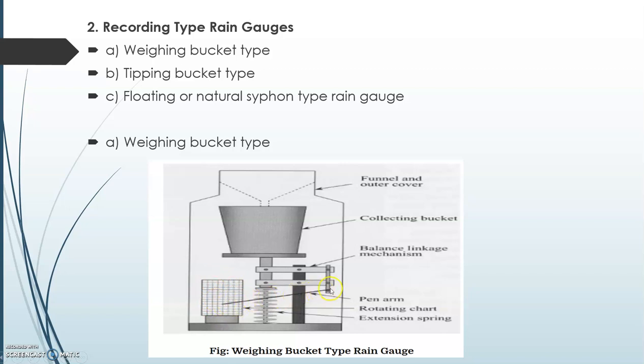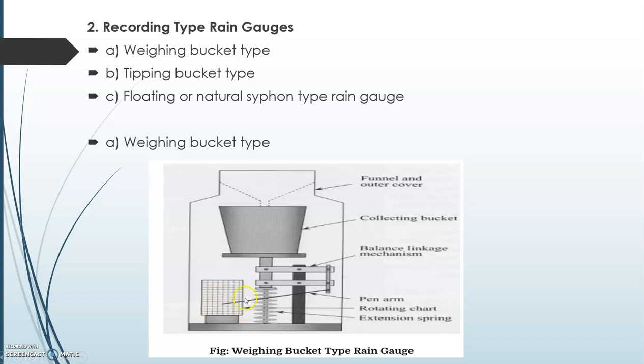This is a pen. When rainfall occurs through this funnel into the collecting bucket, because of the weight there is a movement of the spring, and then this pen will draw on this particular chart, which is attached to this rotating drum. So there are two movements.